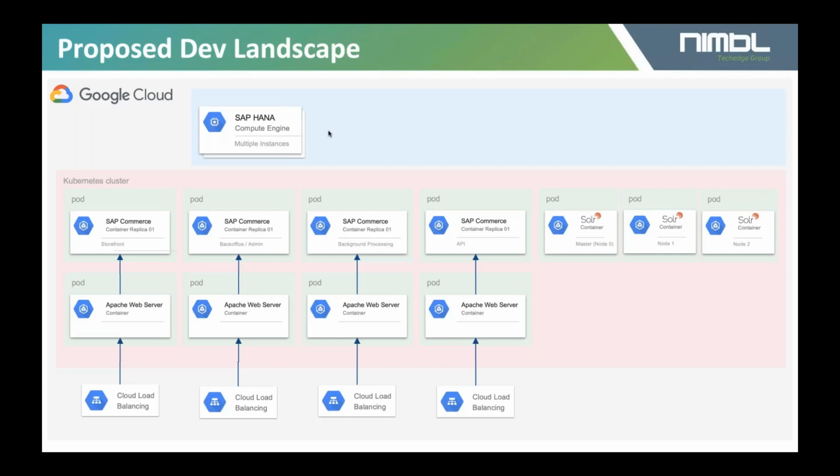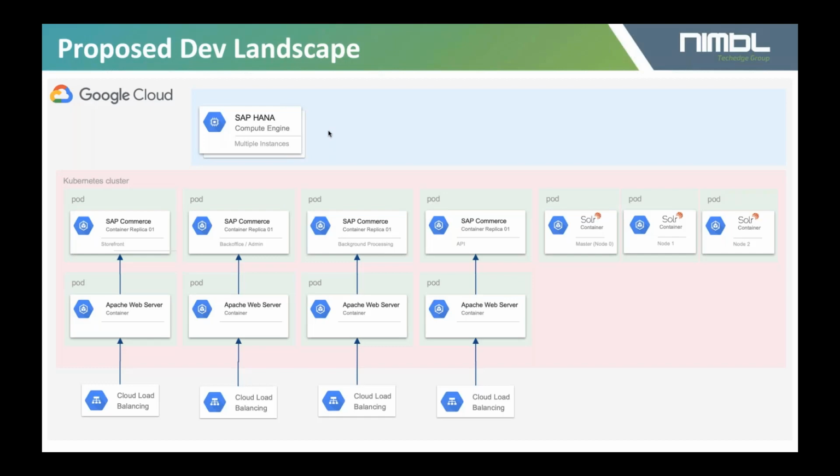SAP HANA has some limitations with active-active sessions and active-active connections that we can get into another time. SAP HANA is a fantastic database, and I love it, and I don't want to poo-poo it to anybody. But Google Cloud SQL, Azure SQL, these cloud-based autoscaling SQL database environments are very good in these e-com scenarios.